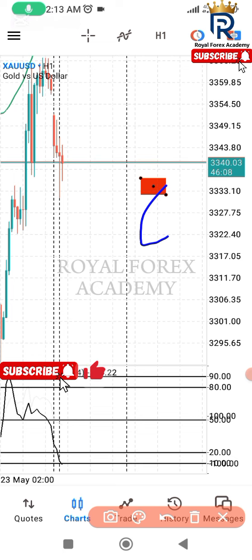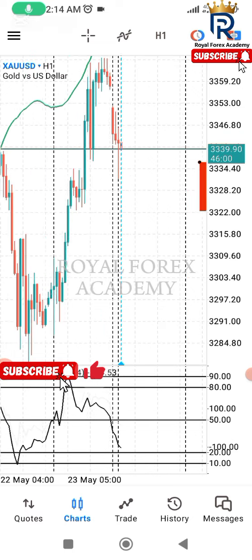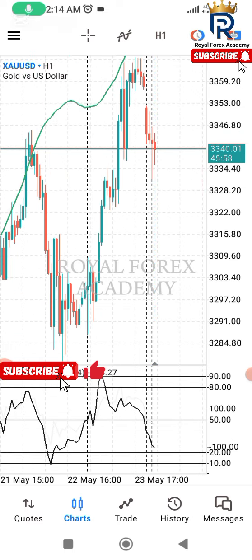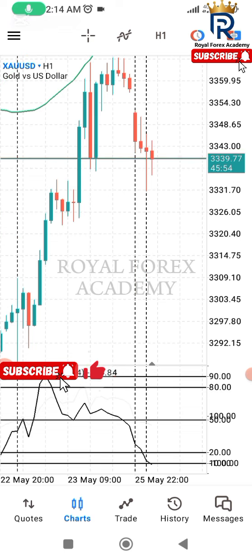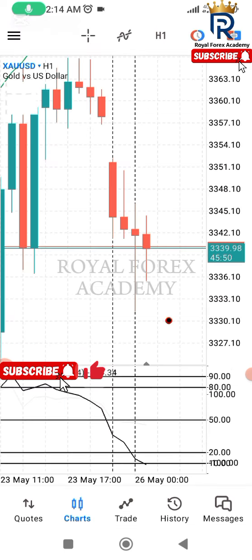Alright, so taking us further, how do we understand each of the candlesticks? For instance, looking at this current candle formation, as you can see, this is the action, this is the fight, this is the battle.